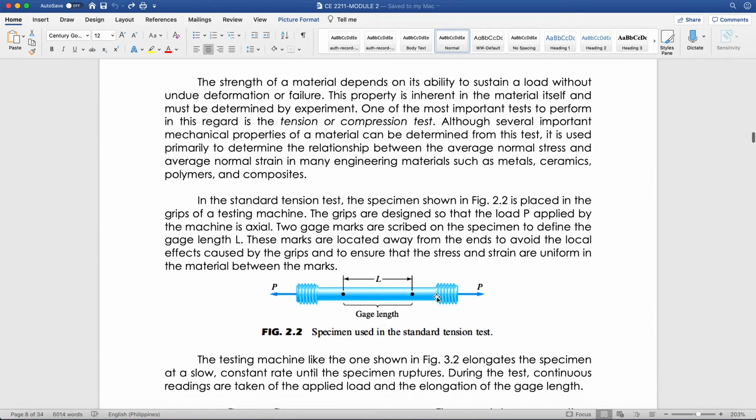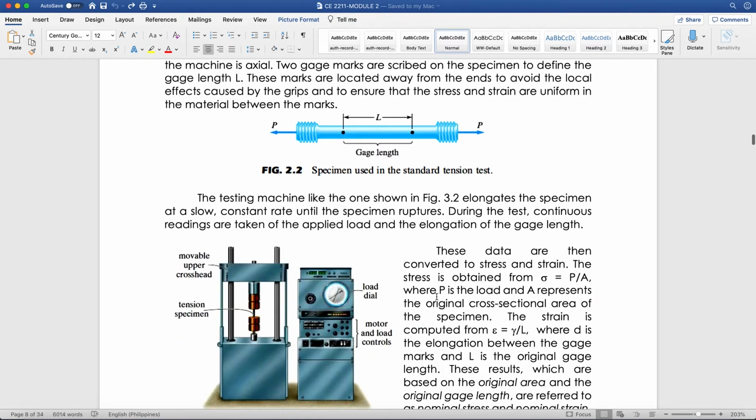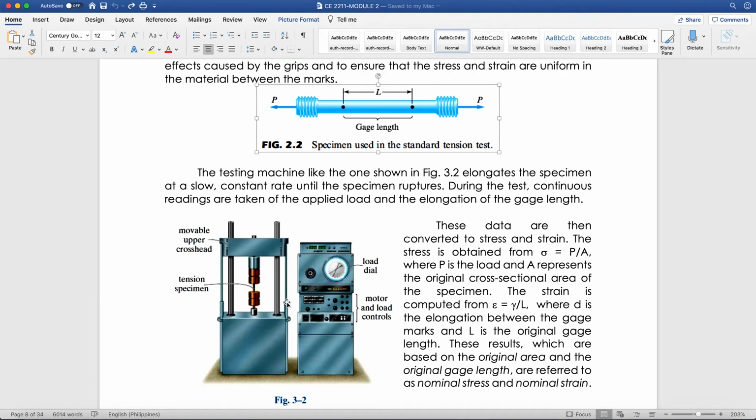Okay, so with the help of the universal testing machine, you can find this at H 104, I think, on the first floor of Otohan.